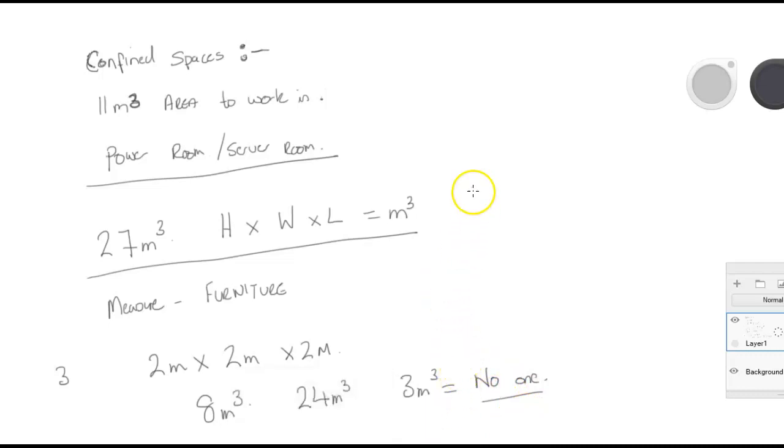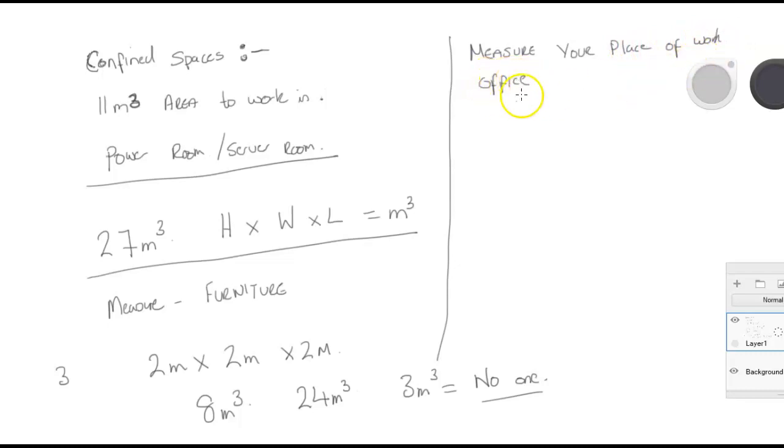What you need to do, your task, is to measure your place of work. Be that an office or a workshop, it doesn't matter. Or it could be just part of the workshop. You measure it. You can estimate it if you want to. Then obviously measure the equipment inside it.